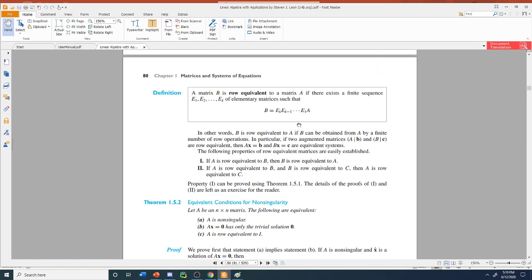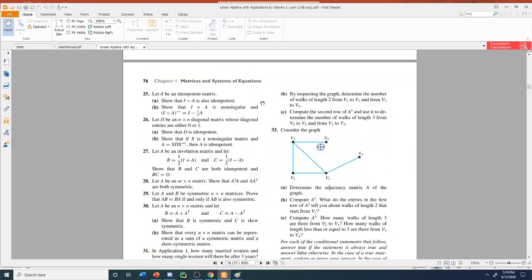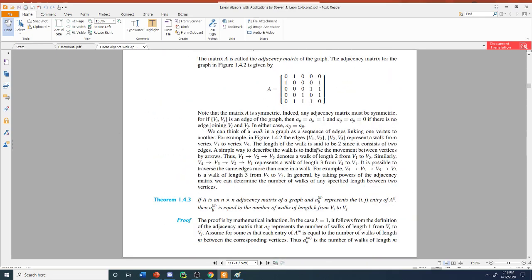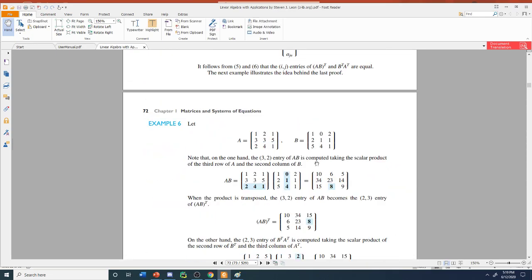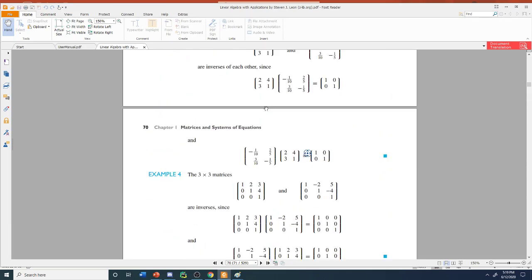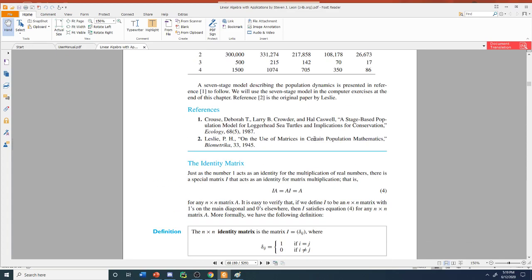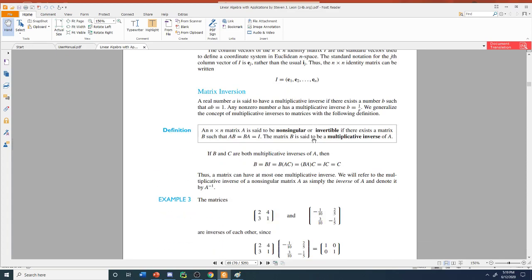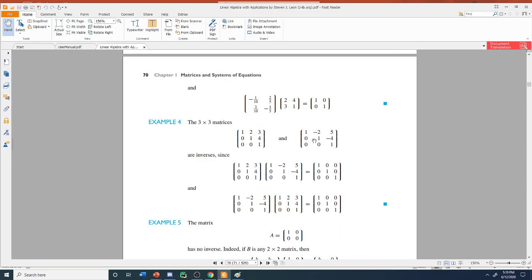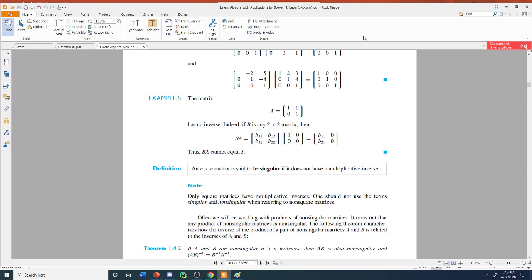I want to steal something relatively simple, not something too hard. All right, I'm going to steal this matrix right here. That's too easy.